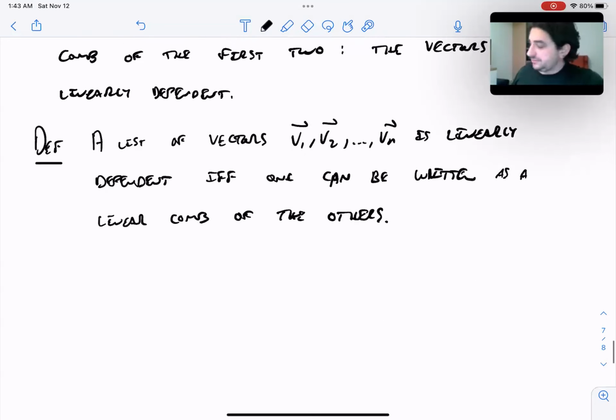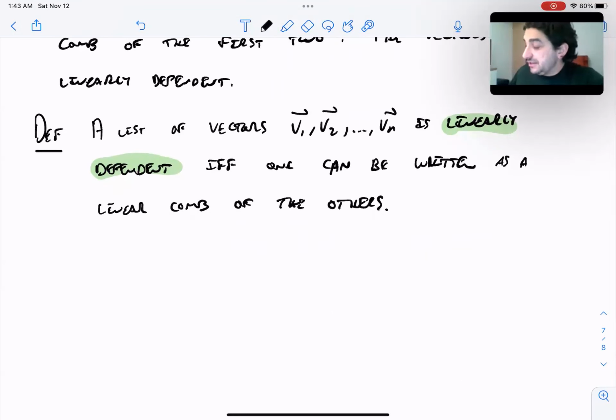So this is the definition of linearly dependent. I should mention this is maybe the most intuitive definition. That's a perfectly valid definition. You'll often see it written in a more formal way, so I want to put that definition as well.